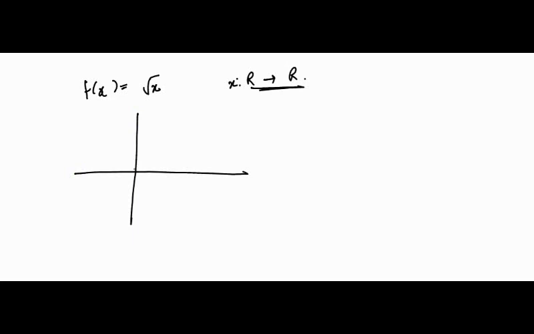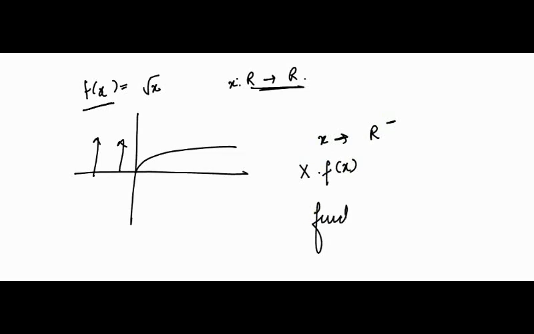Also, if we plot f of x equal to root x, where x goes from real numbers to real numbers where it is defined, then you will have a graph like this, and for no real negative values of x is there a value of f of x. So no, this is not a function if you define it from real numbers to real numbers.